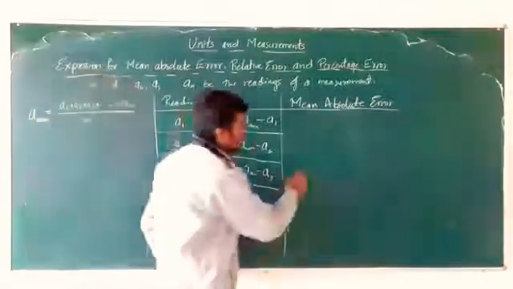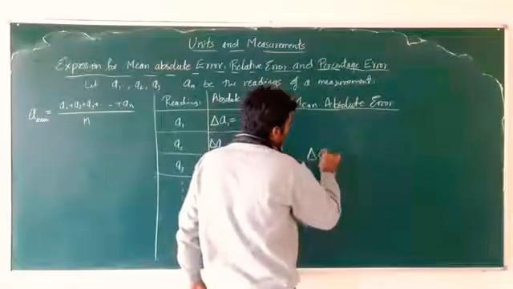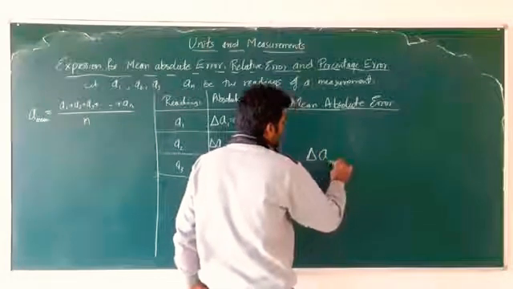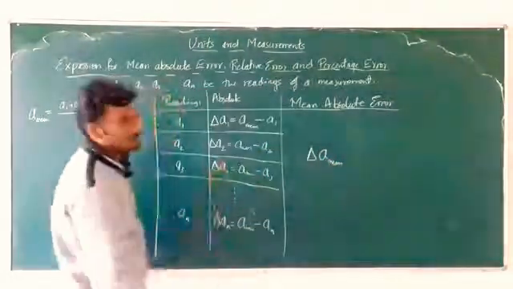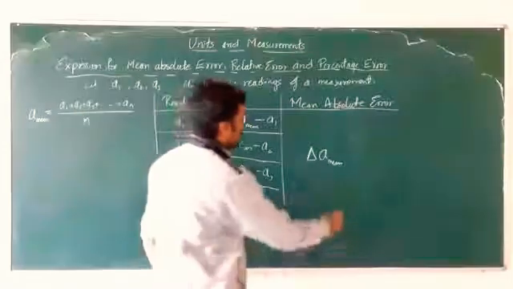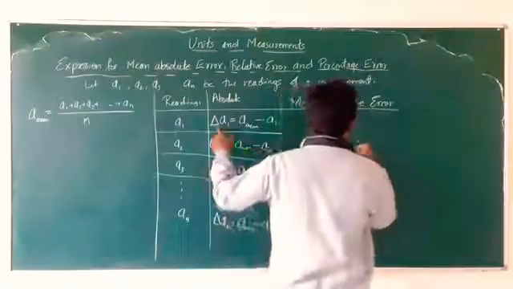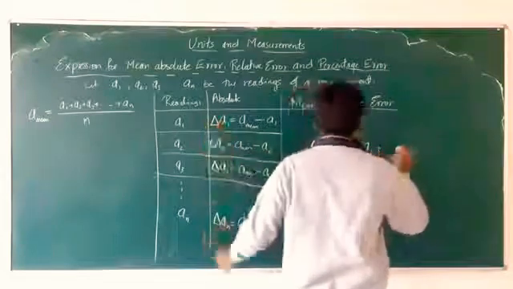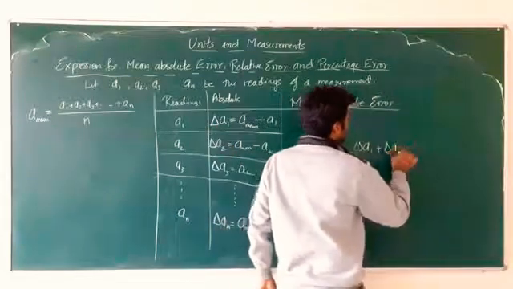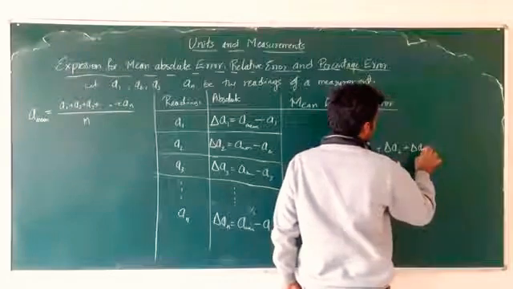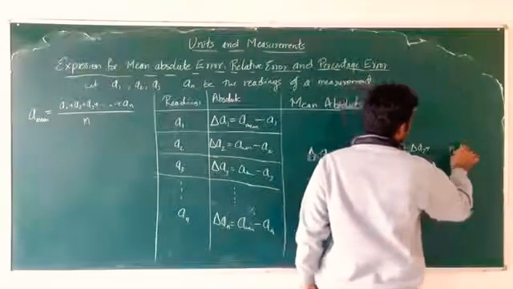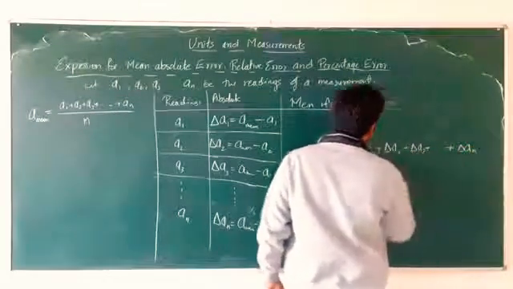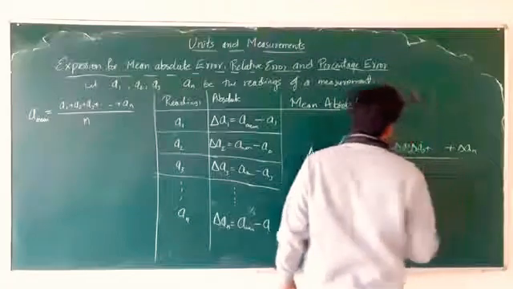How does it look? So it is going to be delta A mean. Okay, the mean of all the errors, delta A mean, is equal to delta A1 plus delta A2 plus delta A3, so on, plus delta AN, whole divided by n.